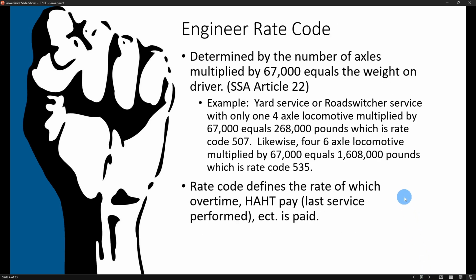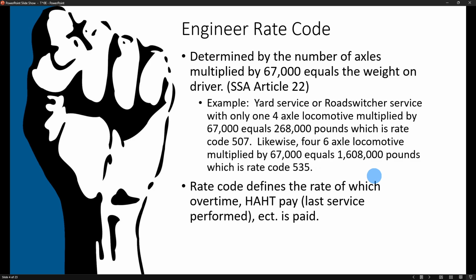Engineer rate code, determined by the number of axles multiplied by 67,000 pounds, equals the weight on the driver. Example, yard service or road switcher in service with only one 4-axle locomotive multiplied by the weight equals 268,000 pounds, which is a rate code of 507.